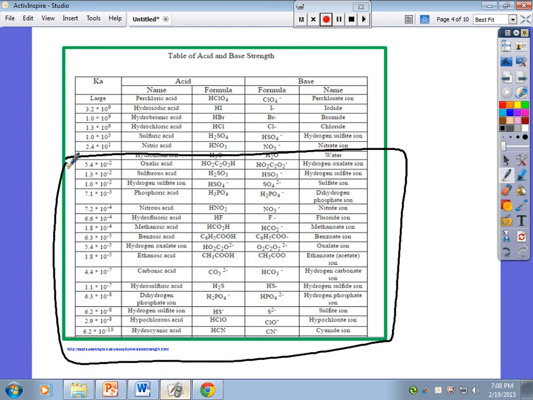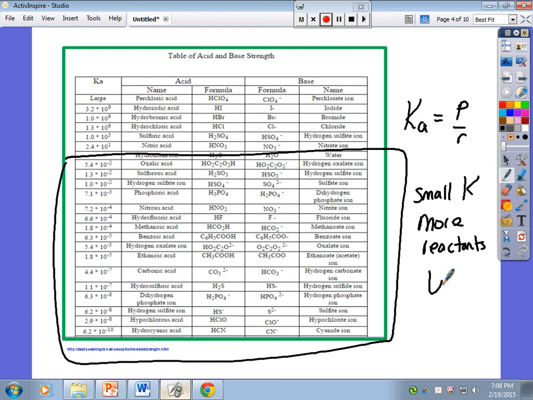what's K mean again? It's an equilibrium constant. Okay, and if you have an equilibrium constant on here, then that means it's a ratio of your products to reactants. And if you have a small equilibrium constant, that means you have more reactants and less products. And didn't we just see that over here?